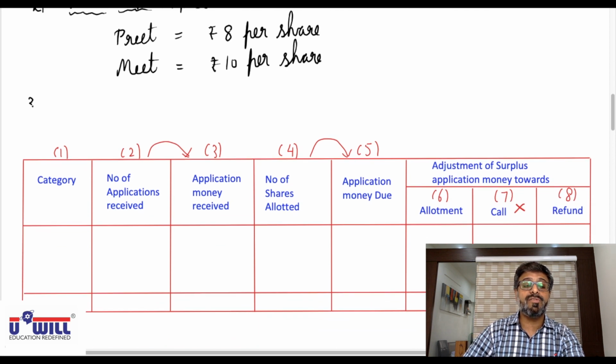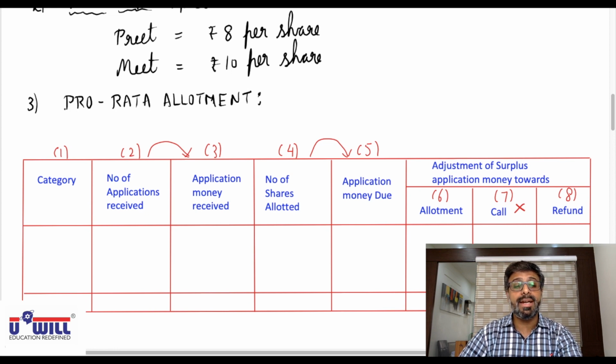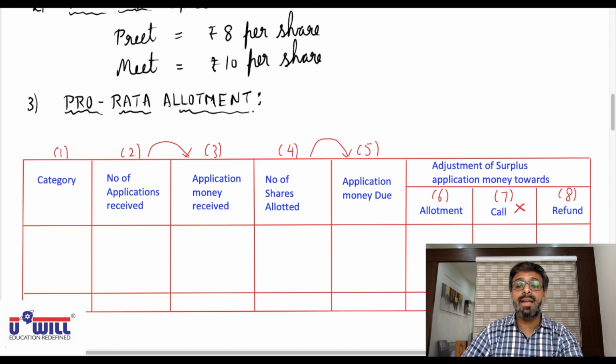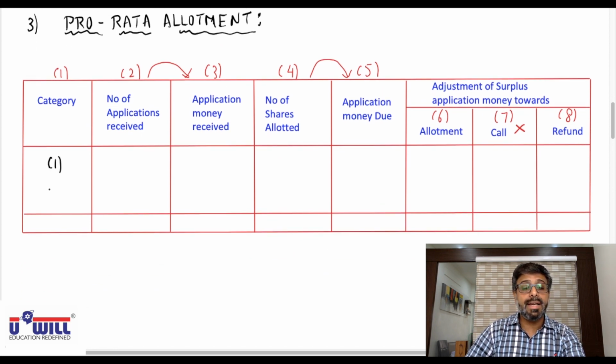Third workings of pro rata allotment. Wherever required, pause the video, make the columns, then do it. And advisably, pause the video, do the entire workings on your own, and then play and verify you got it correct or not. Two categories are there.